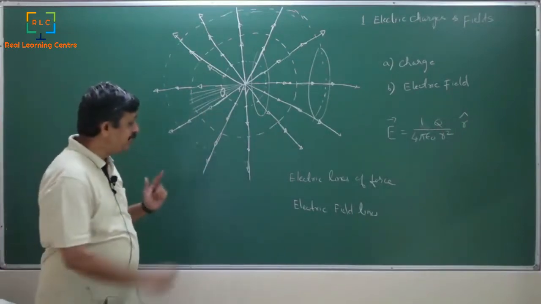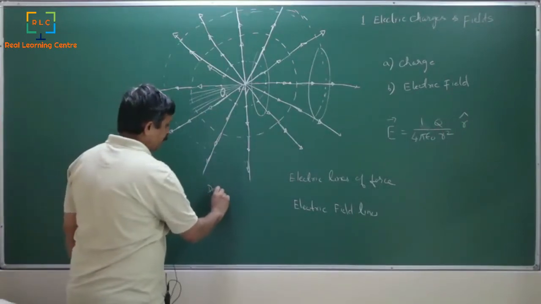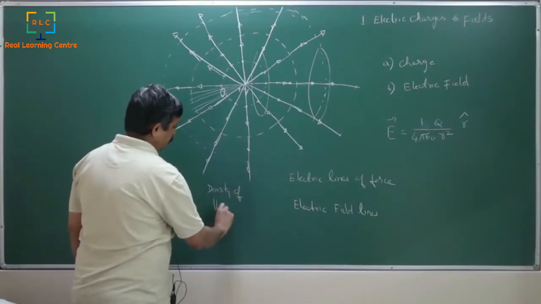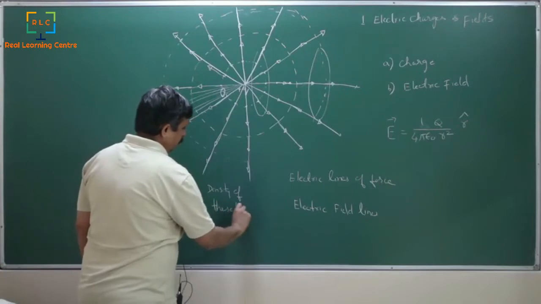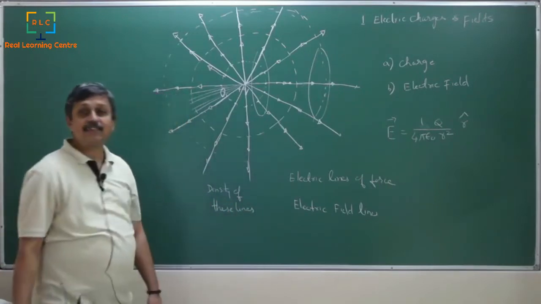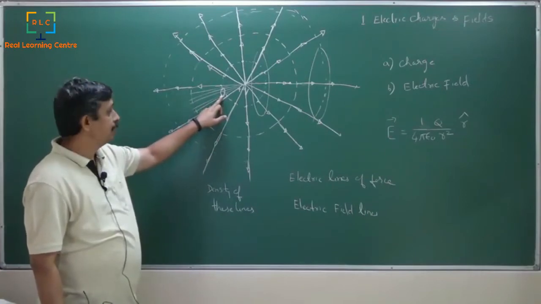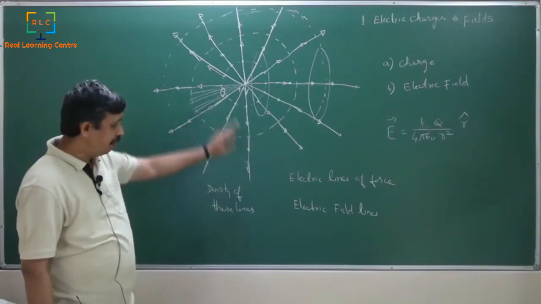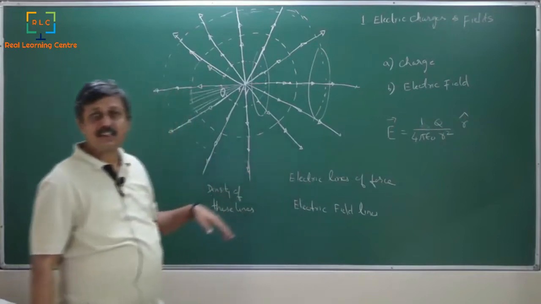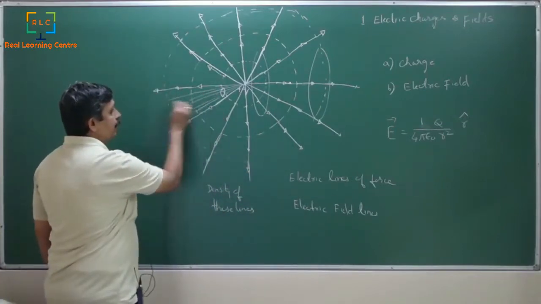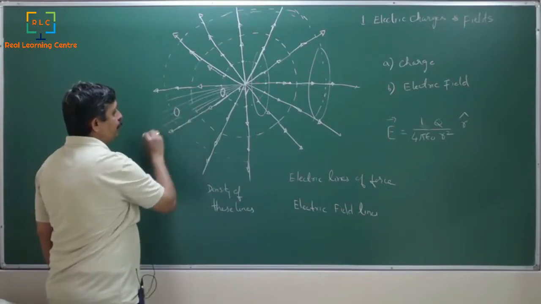So the density of these lines tells us that the electric field strength, or the field value of electric field, is higher here than here. Same lines we extend here, the number of lines that pass through is very less.